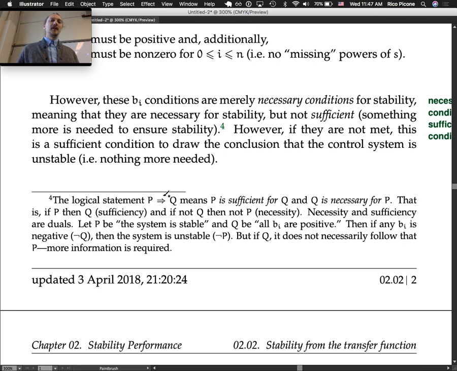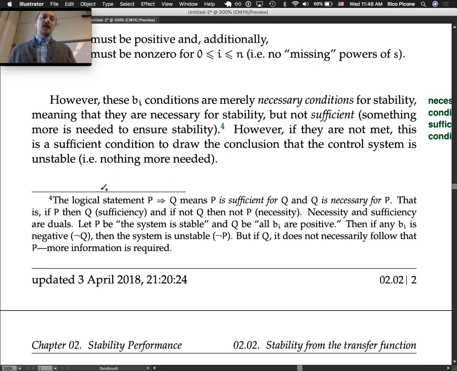Write this logical P implies Q, then P is sufficient for Q, Q is necessary for P. That is, if P, then Q is sufficiency, and if not Q, then not P, which is necessity. Necessity and sufficiency are duals.